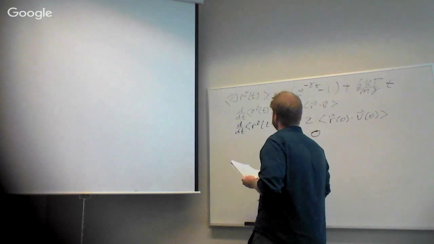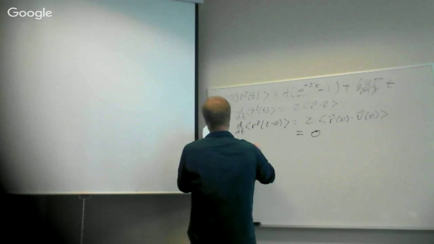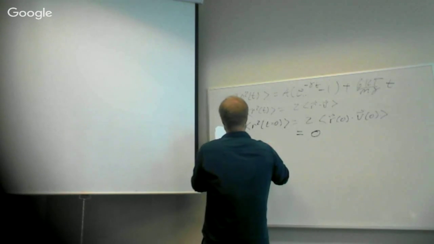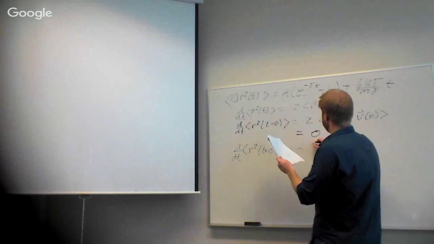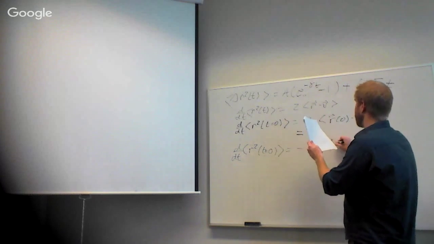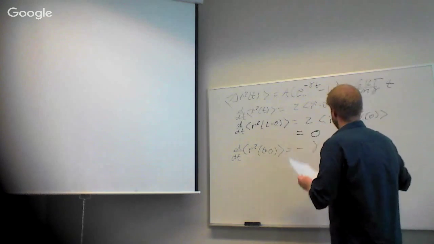If we take the derivative of this, then we get... And let's just plug in that t equals 0 right away. Save some ink. So we're going to get negative gamma A plus 6kT over m.